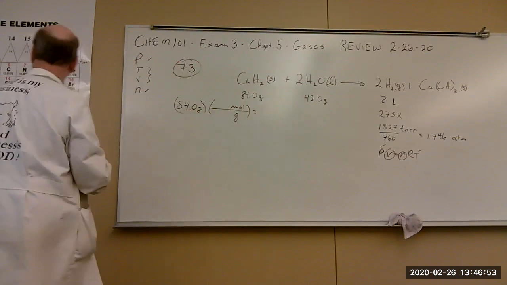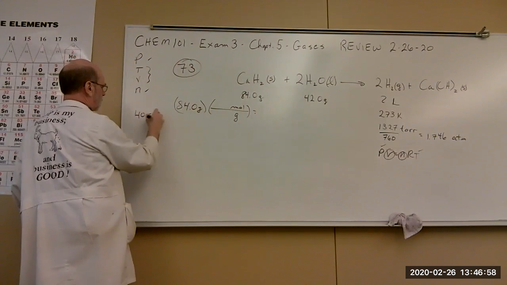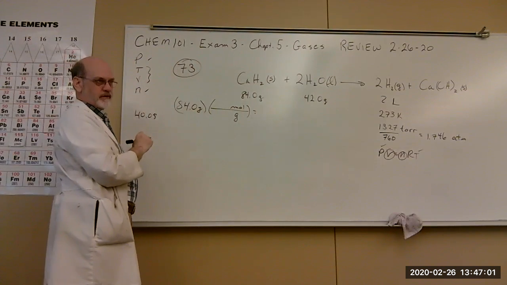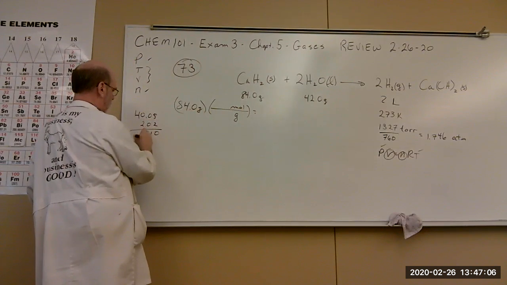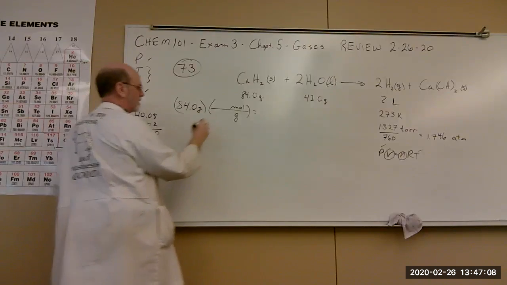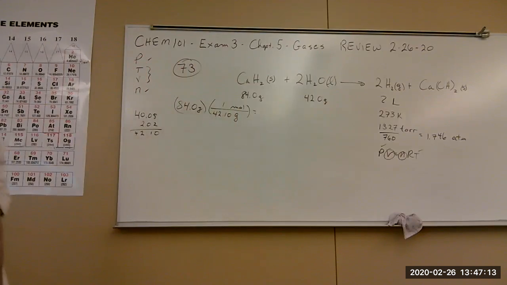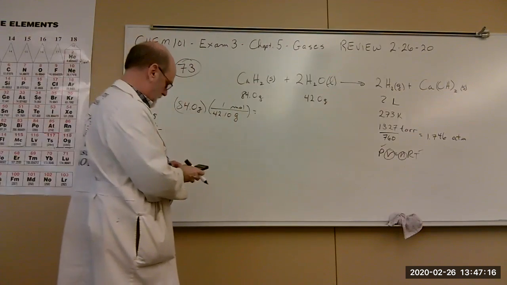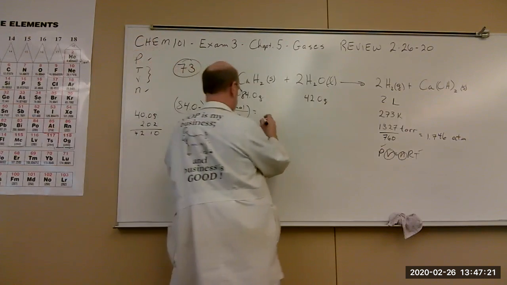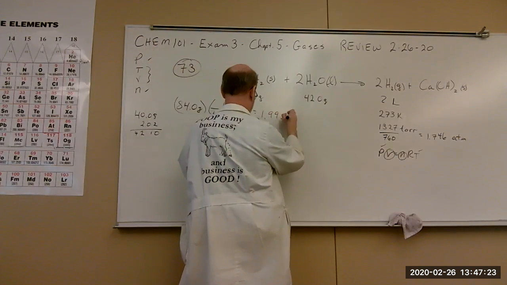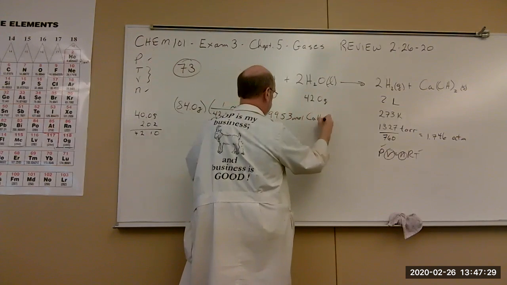So what's calcium hydride? Let's see, 40.08 is calcium. Hydrogen is 1.01 each, so that's 2.02, right? So 42.10, which we divide into 84, and I get 1.995 moles of calcium hydride.